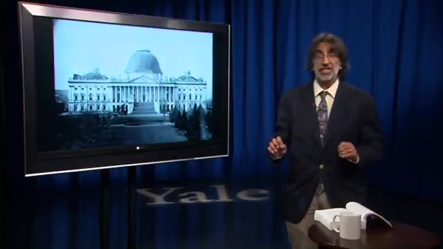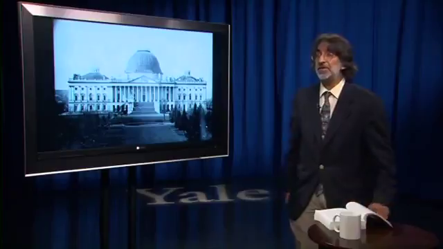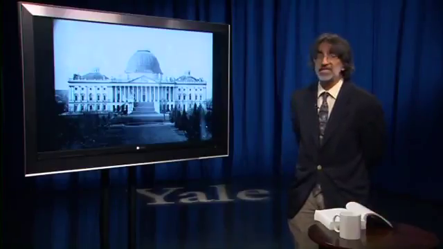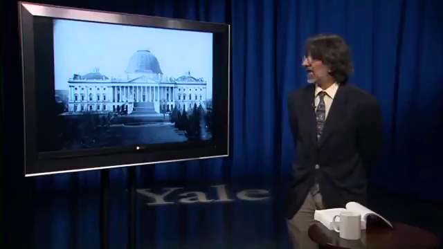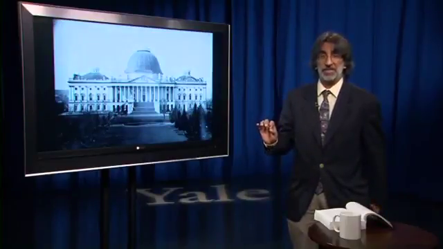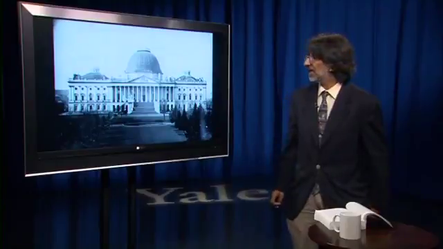And initially, the number of members of the House is not to exceed a certain number. And they provide for 65 members of the House of Representatives before the first census comes along. And that there must be at least one representative per state, and no more than a certain number of representatives.